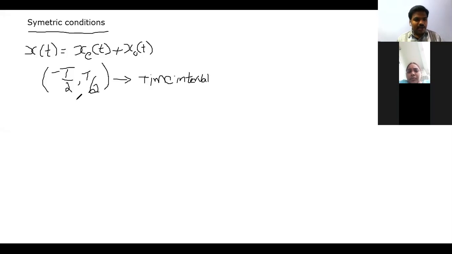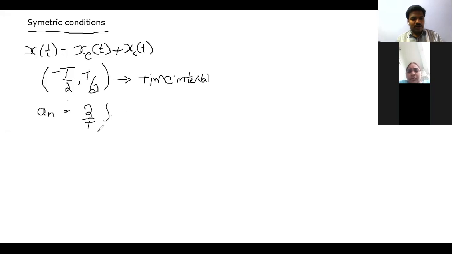Already, in the same time interval, we have determined the Fourier series coefficients. That is, a n is equal to, what is the expression? Try to recollect the knowledge you have gained in the earlier sections.